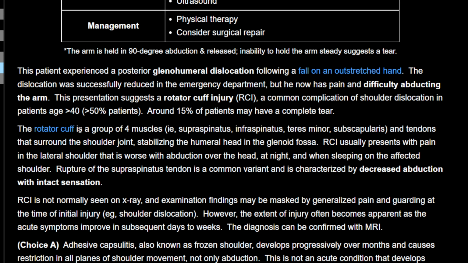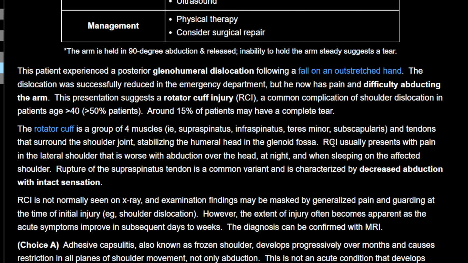So the rotator cuff is a group of 4 muscles: supraspinatus, infraspinatus, teres minor, subscapularis, and tendons that go around the shoulder joint and stabilize the humeral head in the glenoid fossa.